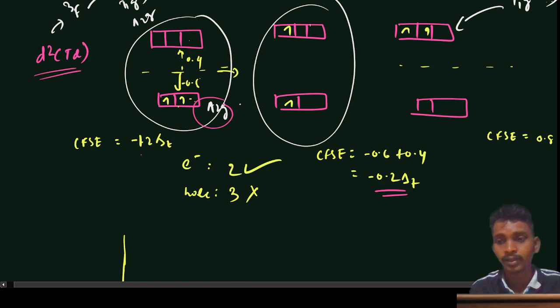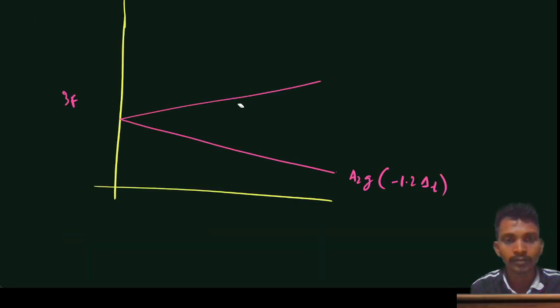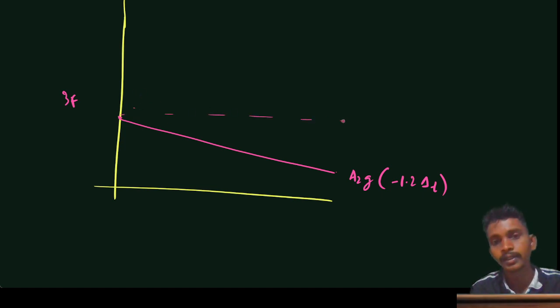So you see that this is also negative. So any value that is in the positive way, let's say this is the delta knots value, that is positive. So here also this comes like this.